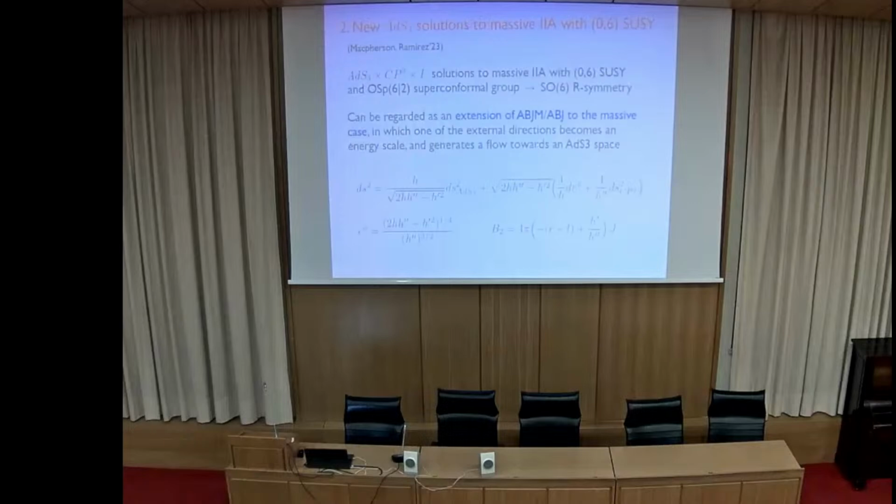So we start by discussing the AdS3 solutions to massive IIA with 0,6 supersymmetries. These are solutions that are foliations of AdS3 and the complex projective space CP3 over an interval, which preserve 0,6 supersymmetry with this superconformal group, with SO(6) R-symmetry that is realized geometrically on the CP3.